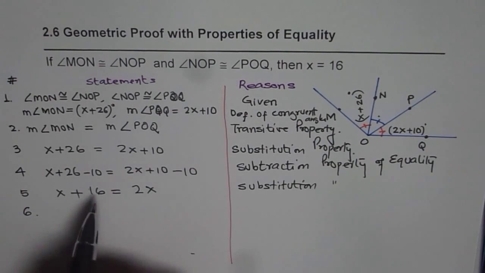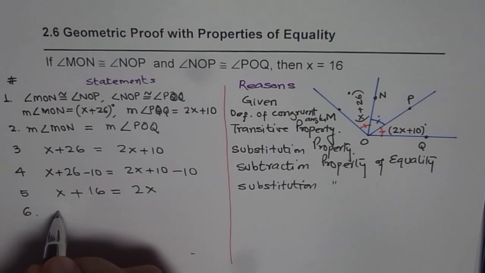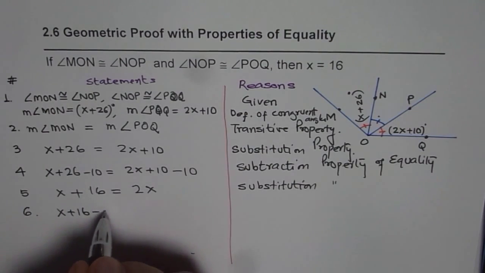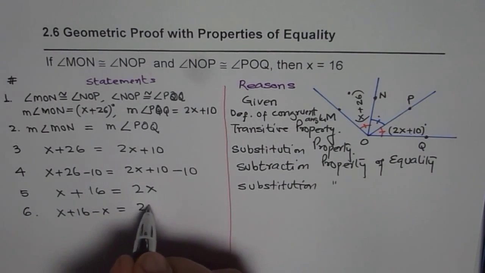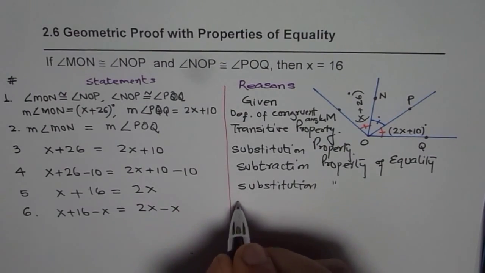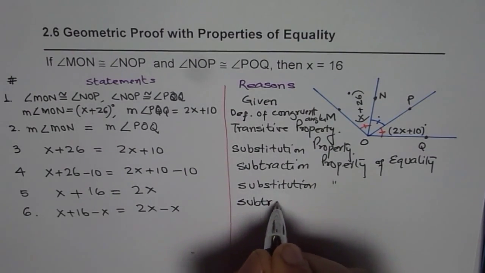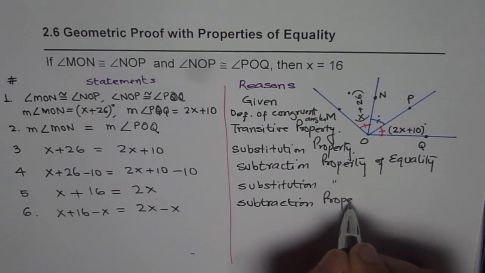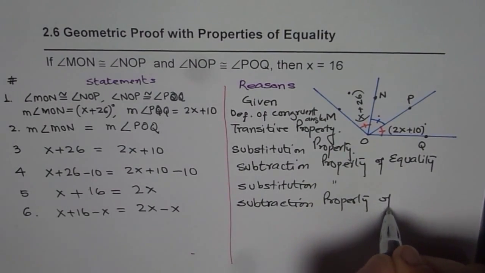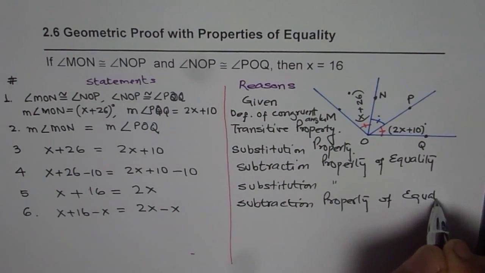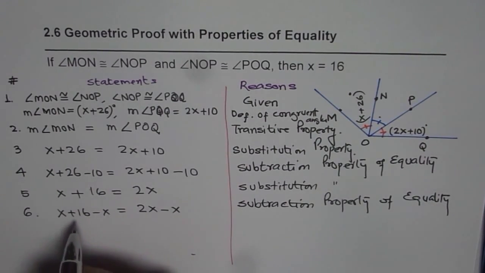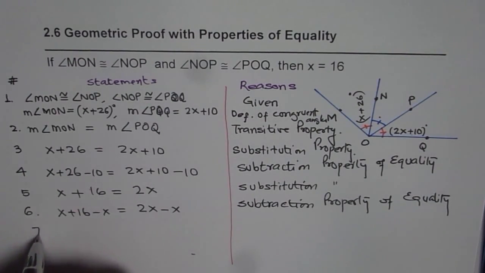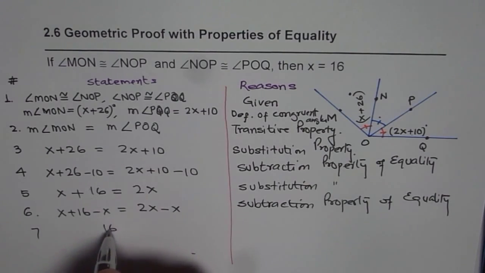Now we need to find x, so we can subtract x from both the sides. Subtraction. When we subtract x from both the sides, you're left with 16 on the left side and x on the right side.